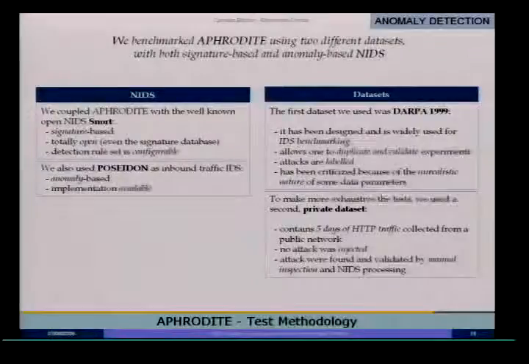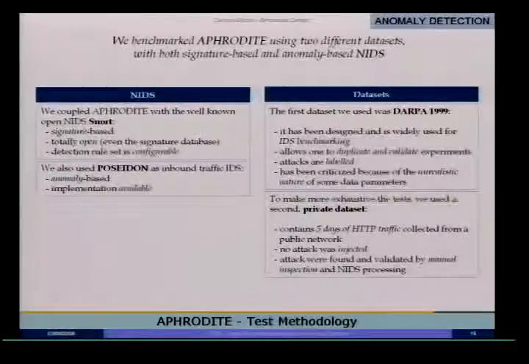If you're not familiar with DARPA, it is a very famous and, unfortunately, old dataset that was presented in 1999 for an intrusion detection system evaluation phase. And it has some weaknesses.